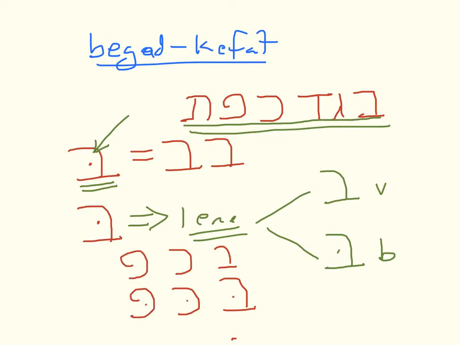So that when you have a beit without a Dagesh, v, with a Dagesh, b. A kaf without a Dagesh, ch, as in bach, and with a Dagesh, k, as in kite or kick. A pei without a Dagesh, f, as in phone, with a Dagesh, p, as in pie.